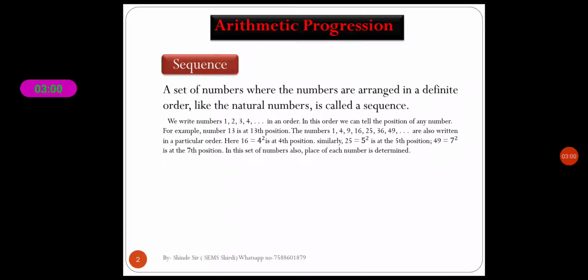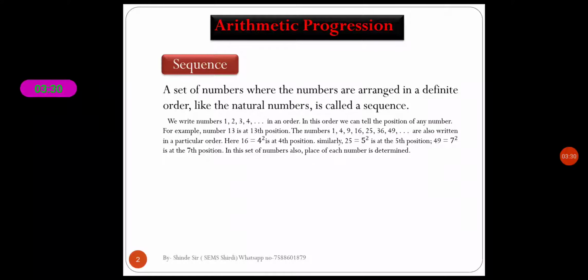Similarly, 16 is on which place? The 4th place, and 16 is the perfect square of 4. That's why in a sequence every number has a definite position, and they are arranged in a definite order. This is a sequence.